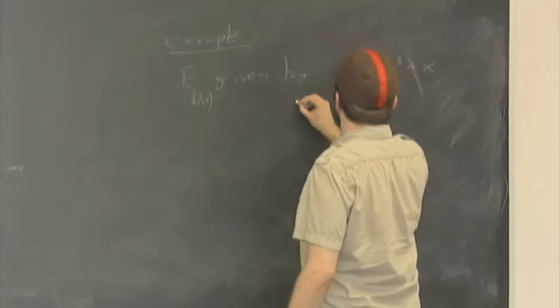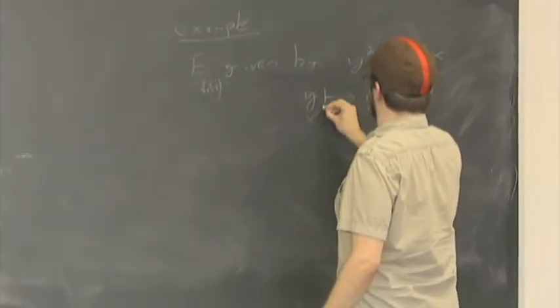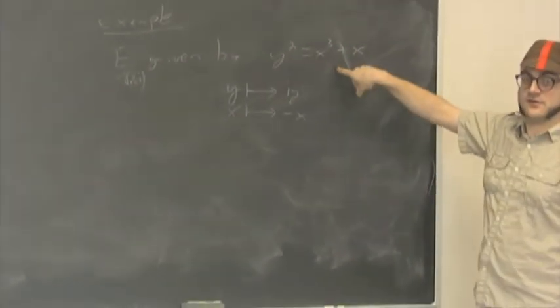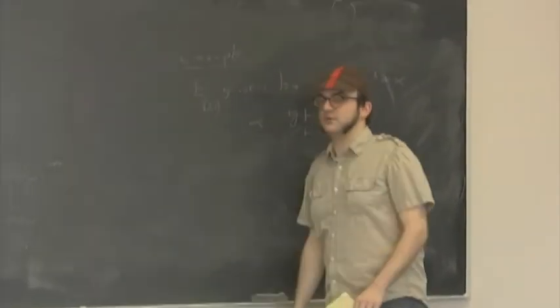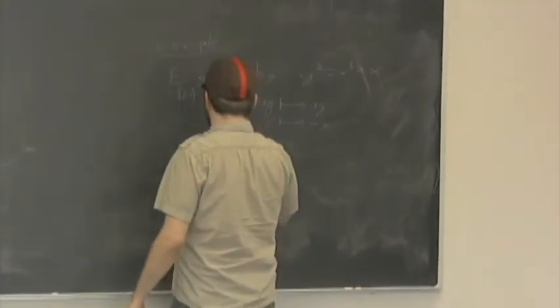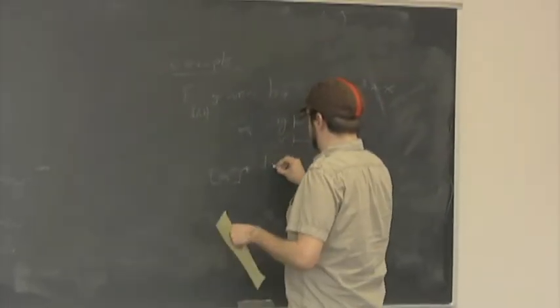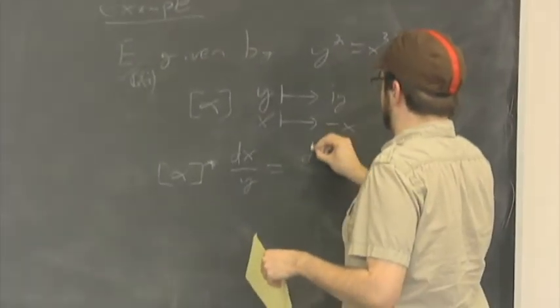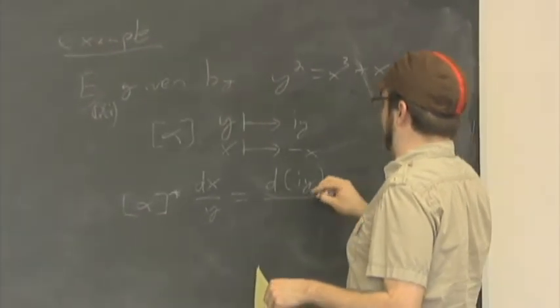The map that sends y to iy and x to negative x, just doing the algebra out, is an endomorphism of the curve. Let's call this map alpha. So what should alpha correspond to? Let's just take the differential dx over y. So alpha upper star of dx over y is just going to be d of alpha y, or sorry.